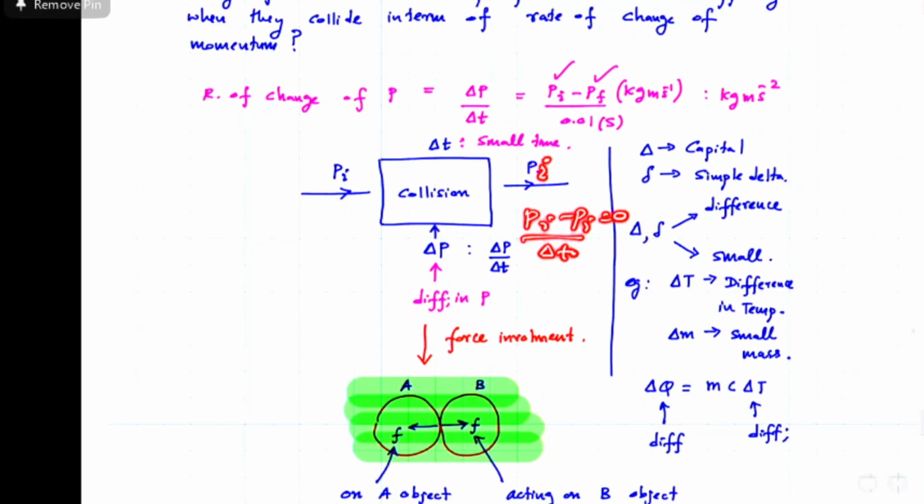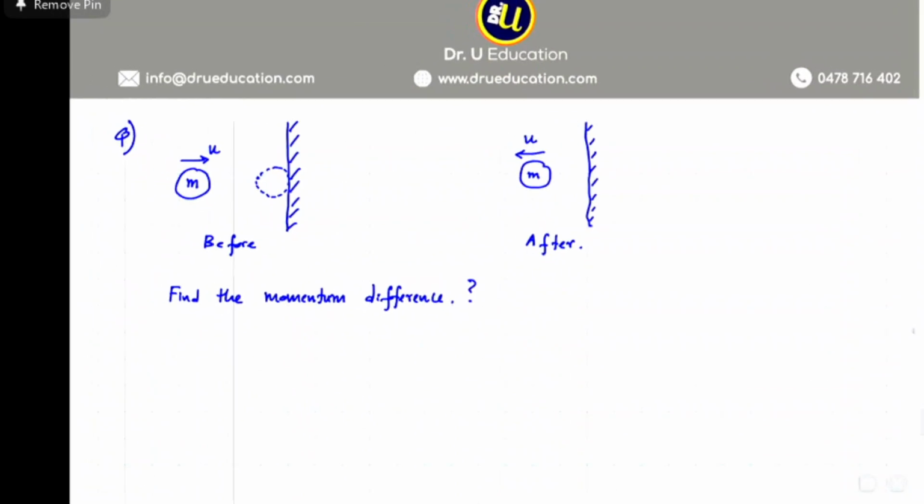So if the momentum difference is zero, that will tell you what? No collision. Now she's asking a good question whether the direction matters. If you don't count the direction, you get delta p to be zero, right? If delta p is zero, that means there cannot be a collision. But you can see there is a collision, right? So delta p cannot be zero. Makes sense? So direction matters, yes.